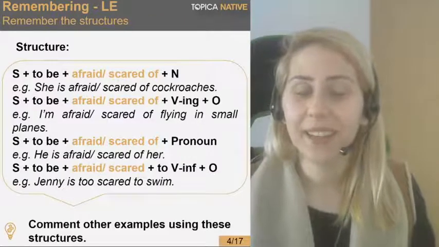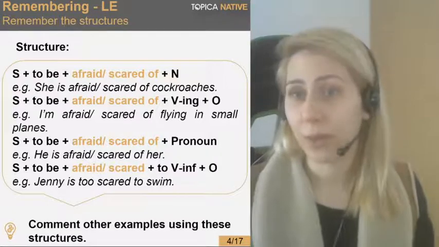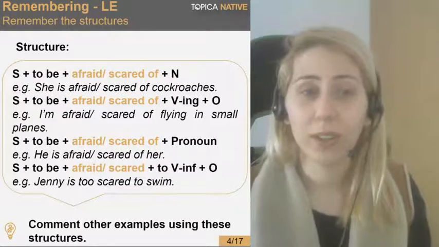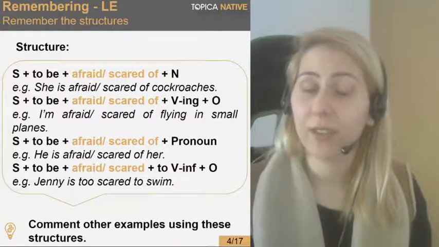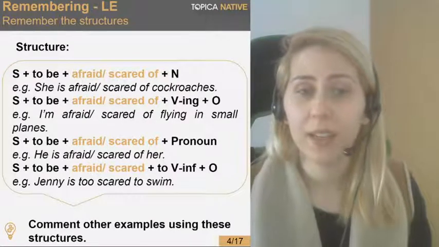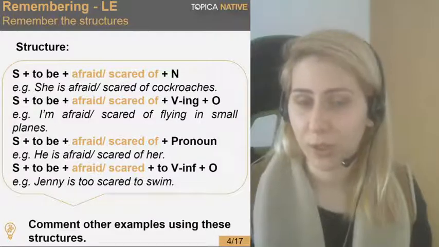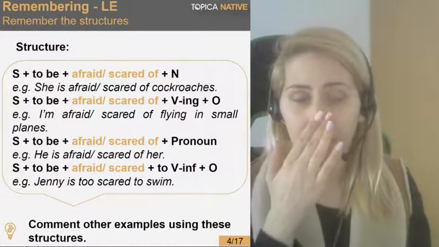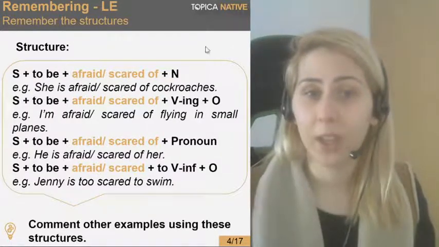Let's focus on our structures for today: how to learn and use scared and afraid. There are a couple of ways to do this. You can see four different structures over here, and they have a difference in the ending part.